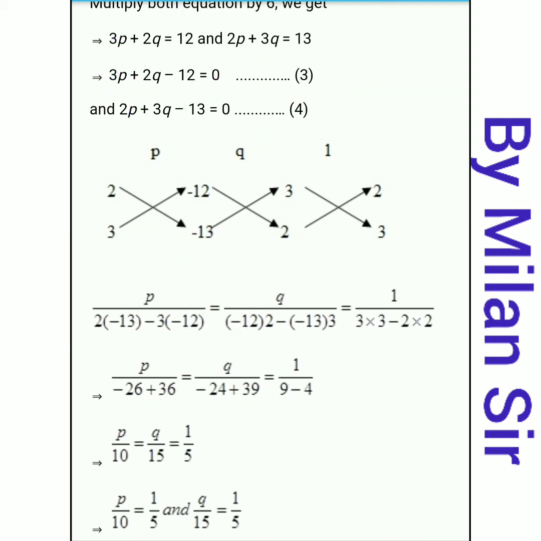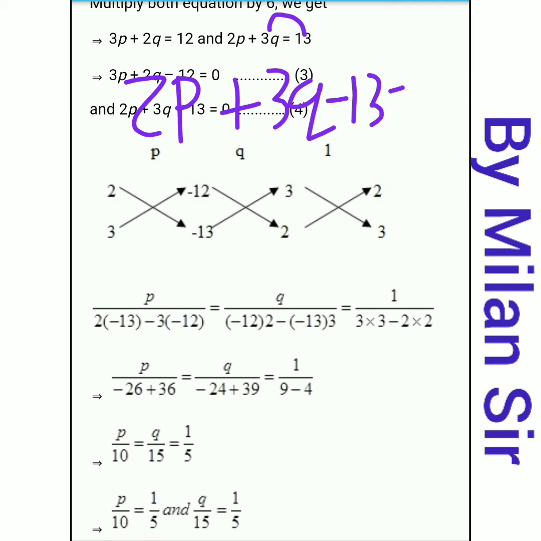Then our second equation is 2m plus 3n, transfer this 13 to the left hand side, it becomes minus 13 is equal to 0. Here we need to write m and n, because in this PDF they are going with p and q, but we are going with m and n.